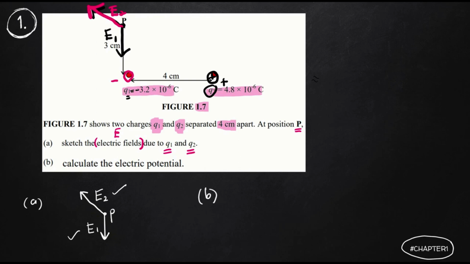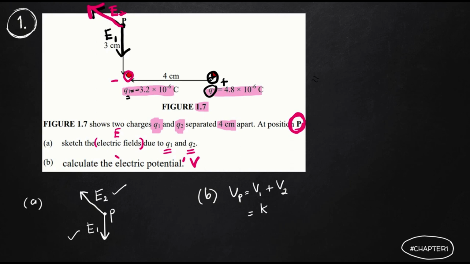For B, we have to calculate the electric potential. The symbol is V. Electric potential at point P. Let us write down the equation first. Vp is equal to V due to charge number 1 plus V due to charge number 2.